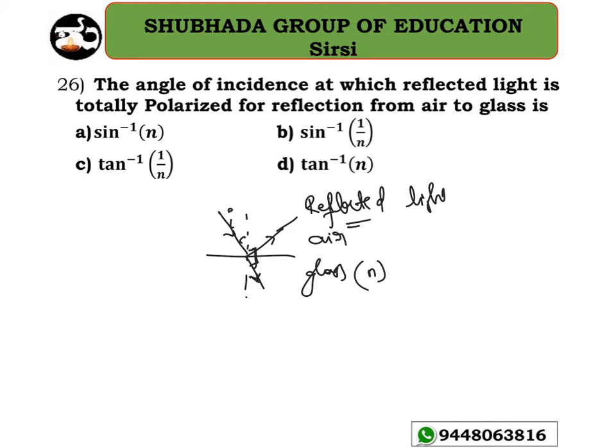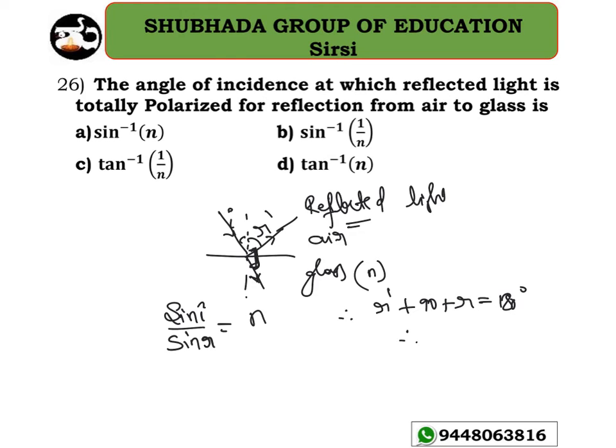Okay, so at that time, according to Snell's law, we can say that sine of angle of incidence to the sine of angle of refraction is going to be the refractive index of the glass, n, correct? As you know, this is the angle of reflection, r dash, let me take now. And here in between there is 90 degree, so therefore I can take r dash plus 90 degree plus r must be equal to 180 degree.